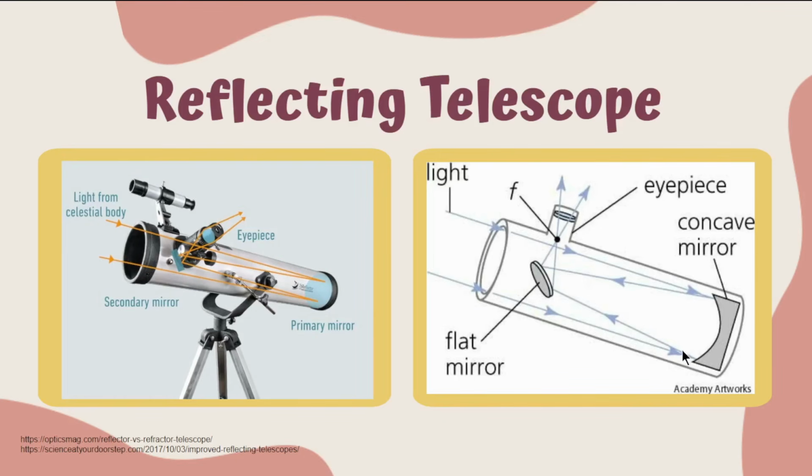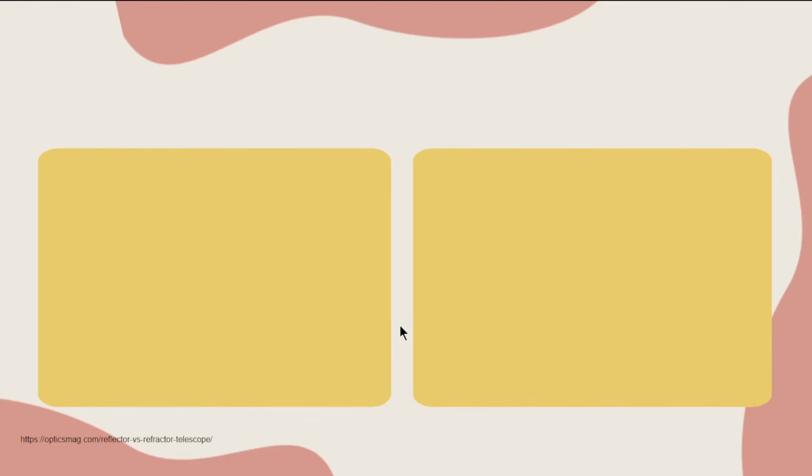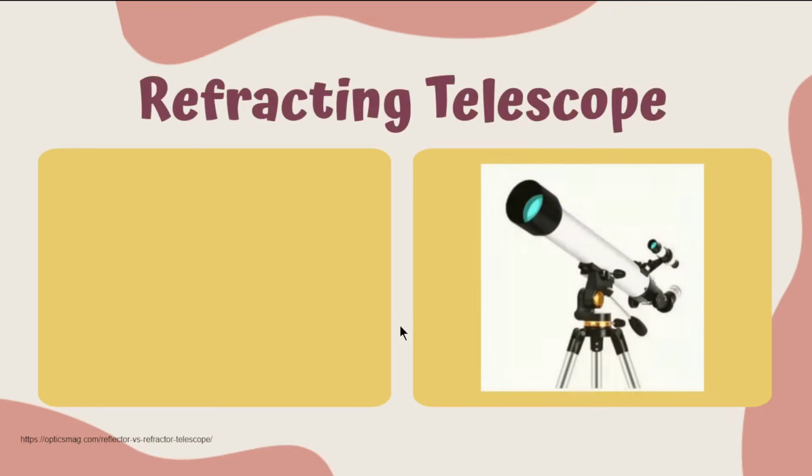And then, the light rays would bounce towards your secondary mirror, which is a flat or a plane mirror, and that would bounce your light rays towards your eyepiece. Ibig sabihin, in a reflecting telescope, we use two types of mirror, a concave mirror and a flat or a plane mirror.